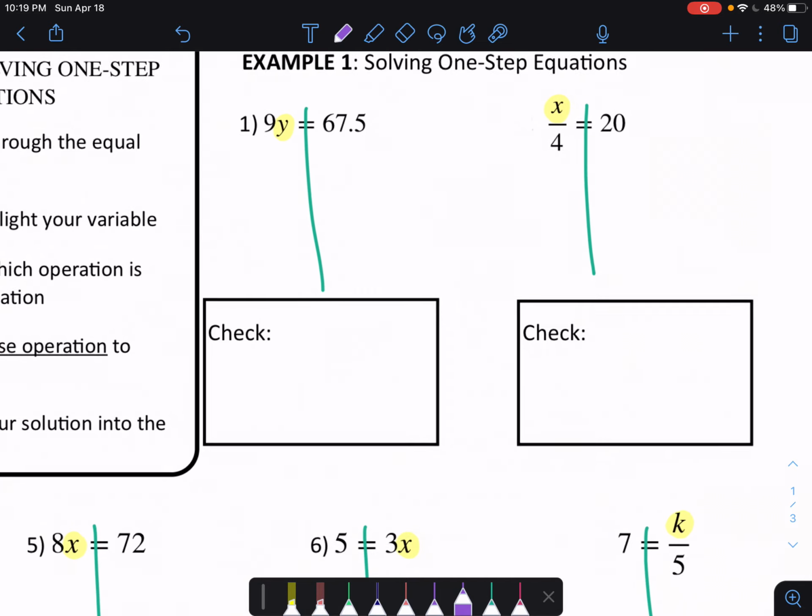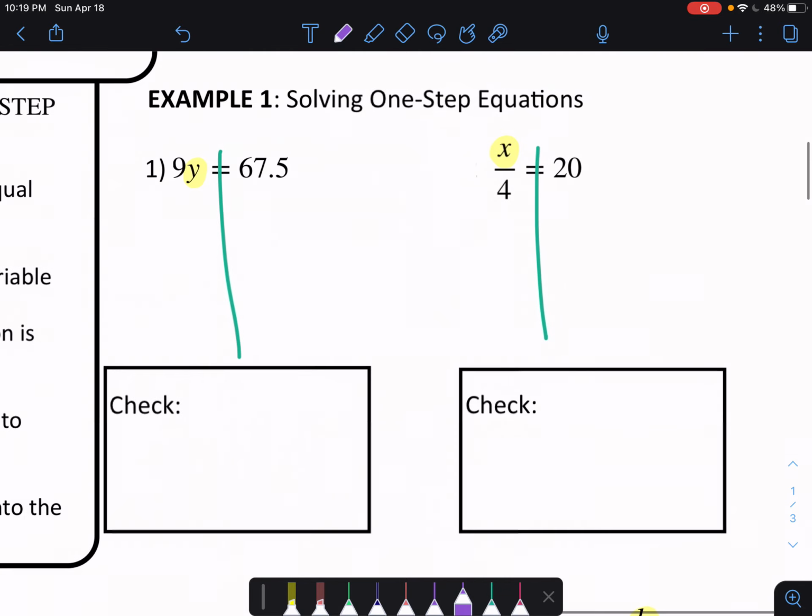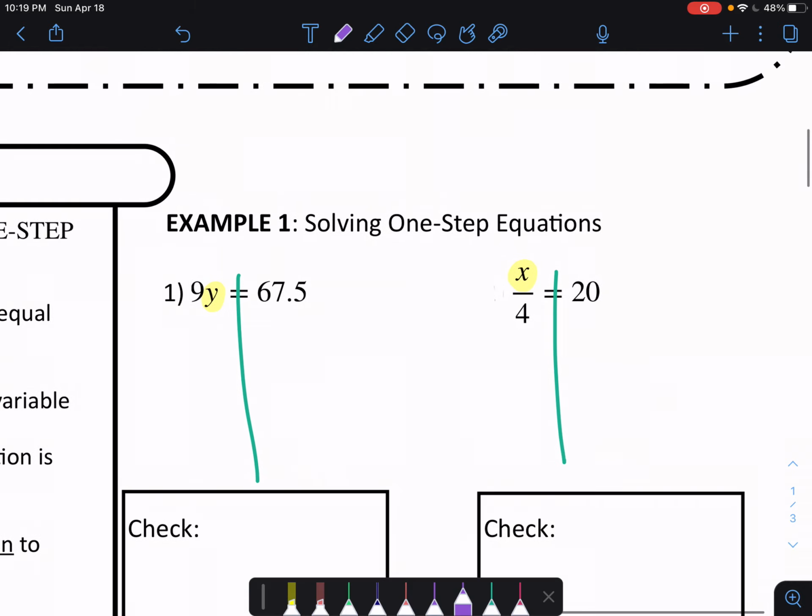So now I've got two examples here of the different kinds of equations that you're going to be seeing. Number 1, it says 9y equals 67.5. Well, 9y actually means 9 times y. So when I'm identifying the operation that I'm doing in this equation, I'm actually doing multiplication.